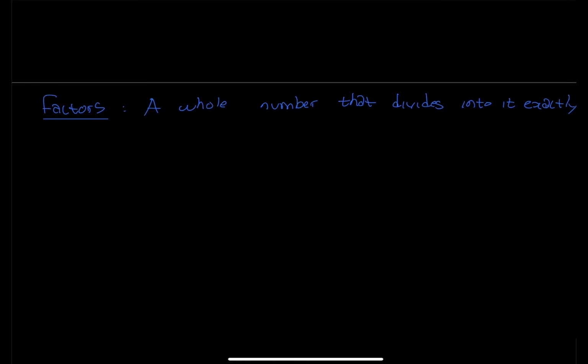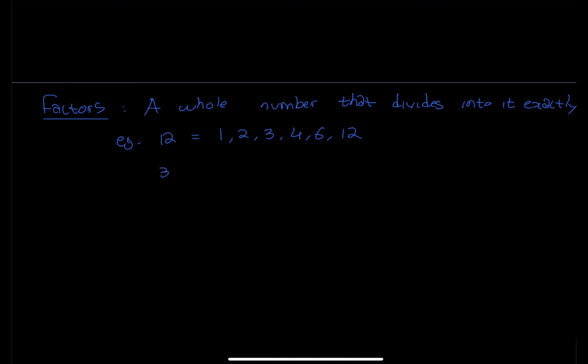What do I mean when I say this? Let's say the factors of 12. These are numbers that will go into 12 without leaving a remainder. Let's say 1, 2, 3, 4, 6, and 12. All these numbers basically will go into 12 without leaving a remainder.